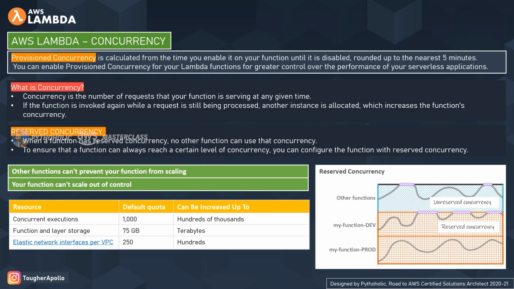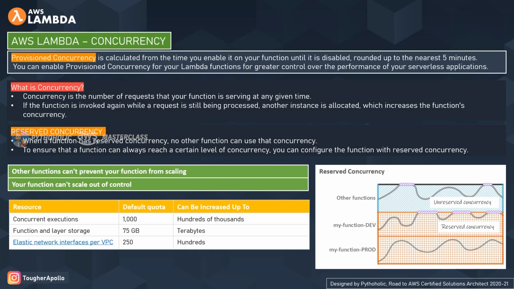So now that you have some information regarding concurrency, let's move on. As I've already told you, concurrency is the number of requests that your function is serving at any given time. In order to ensure that a function can always reach a certain level of concurrency, we can configure the function with reserved concurrency.